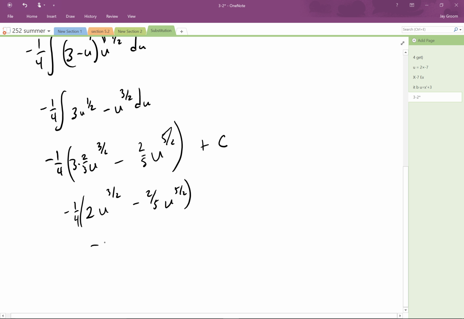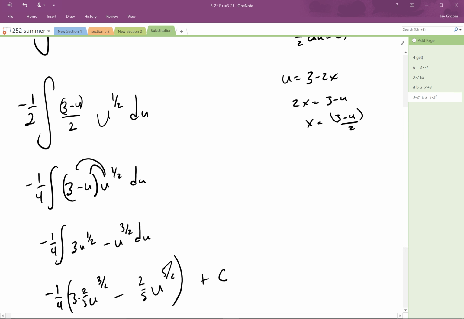And then so you're going to get negative a half of a u to the 3 halves. And then plus actually a 10th. Isn't that right? A 10th? I think. U to the 5 halves plus c.